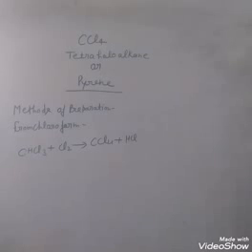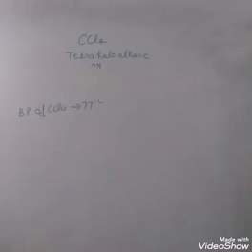Next we discuss some physical properties of carbon tetrachloride. It is a colorless, sweet smelling but poisonous liquid. Its boiling point is 77 degrees Celsius. It is insoluble in water but soluble in organic solvents like benzene.